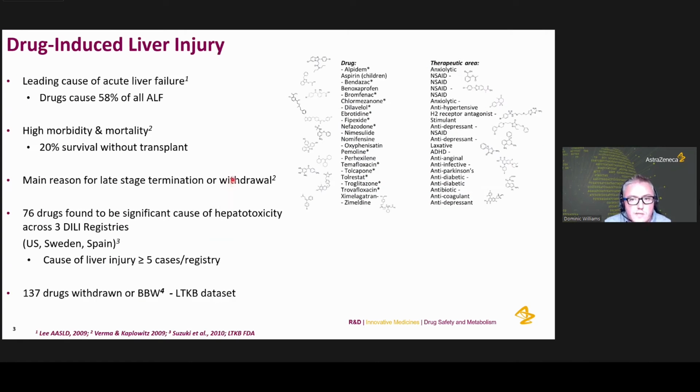So drug-induced liver injury, we know it's a leading cause of acute liver failure. It's got a high sickness and death rate. It's the main reason for late-stage termination or withdrawal of drugs. There's a number of drugs which cause hepatotoxicity across a number of DILI registries, and a significant number of drugs have been withdrawn or given a black box warning.